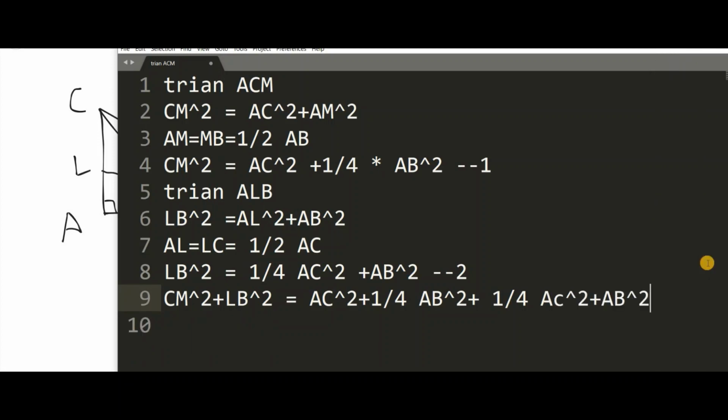Let me extend it. So we can write this as 1 by 4 into AB square plus AC square, plus AC square plus AB square. I am rewriting the same equation.